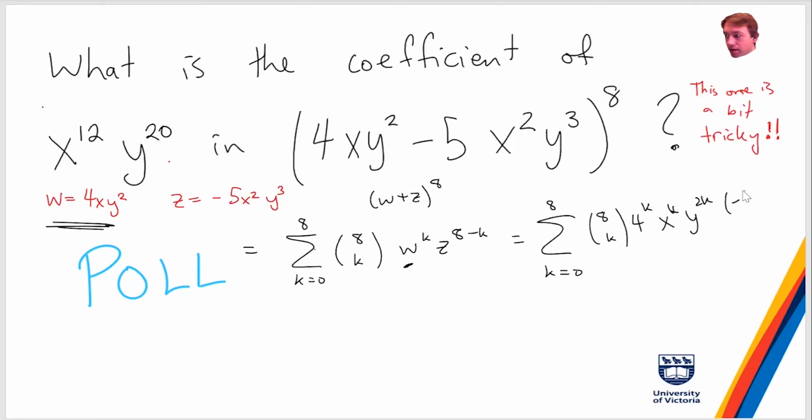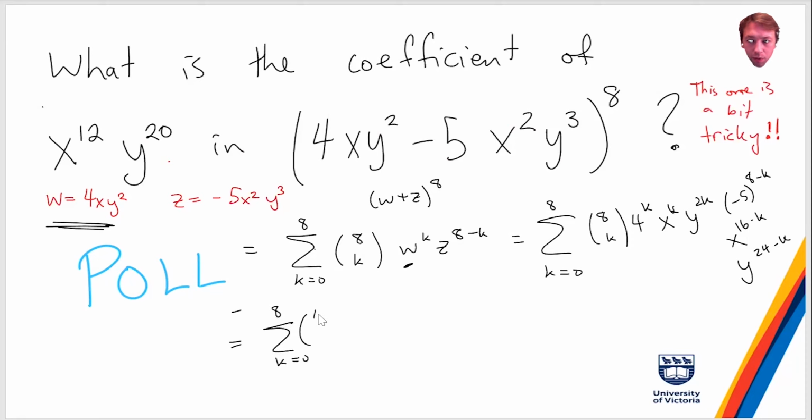So what we get is 4 to the k, x to the k, y to the 2k from the w. And from the z, you get negative 5 to the 8 minus k, x to the 16 minus 2k, y to the 24 minus 3k. Sorry, that's getting terrible.